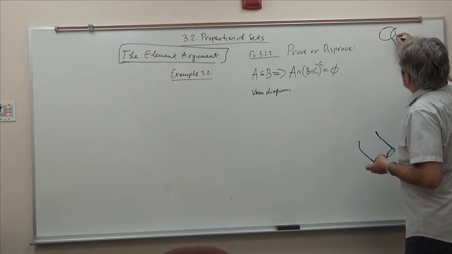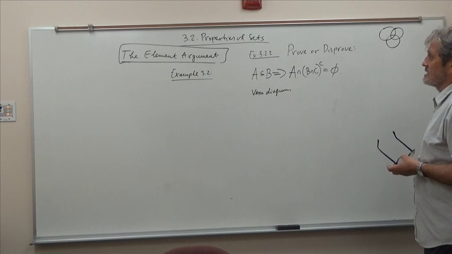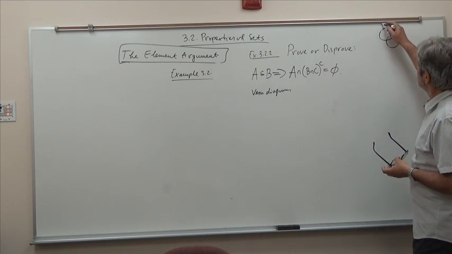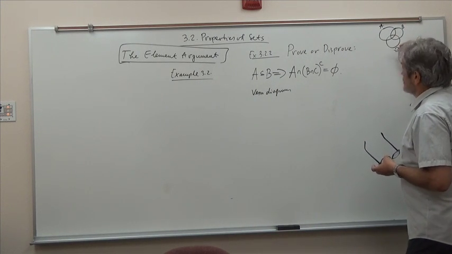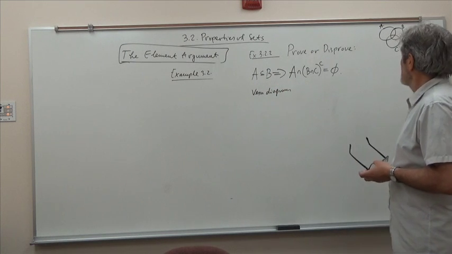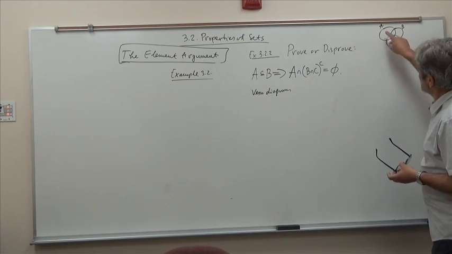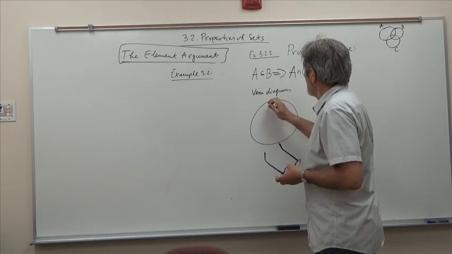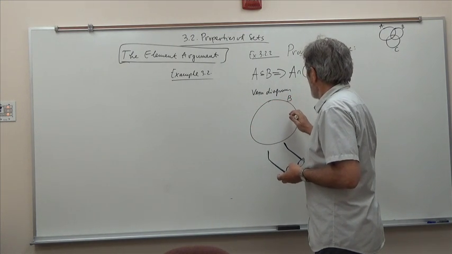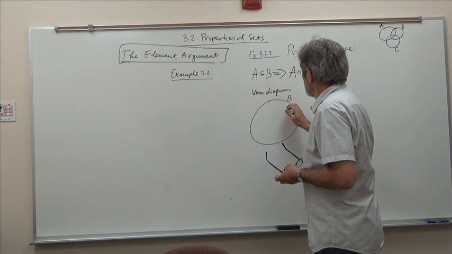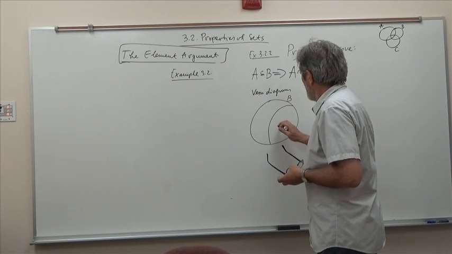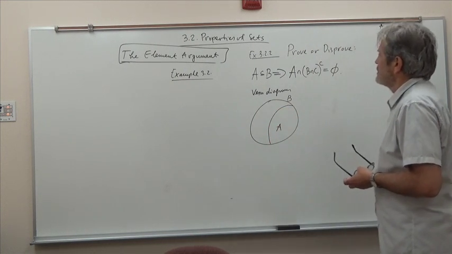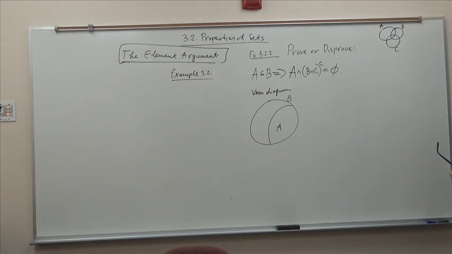A completely generic Venn diagram looks like this, but this is not the case for A, B, C, because I have the assumption that A is a subset of B, so B cannot stem outside of A. So here's my B, here's my A. So A is a subset of B. Now what?